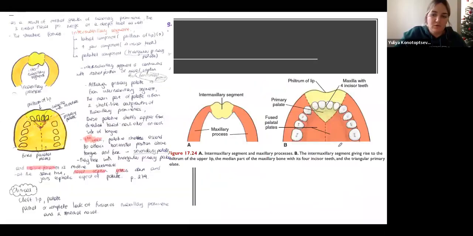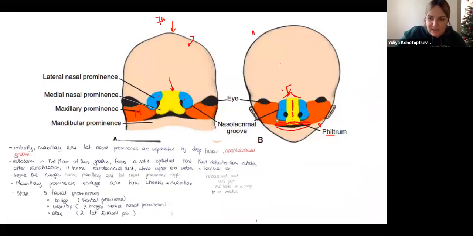They appear when the maxillary prominence does not fuse with the medial nasal prominence, right? So if the maxillary and medial nasal prominence do not fuse, there's going to be a gap here. And this gap is known as the cleft lip. So if they ask you what is the malformation that could be here, this is the cleft lip.